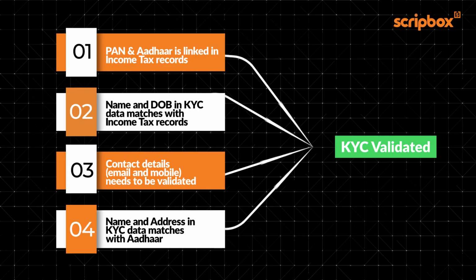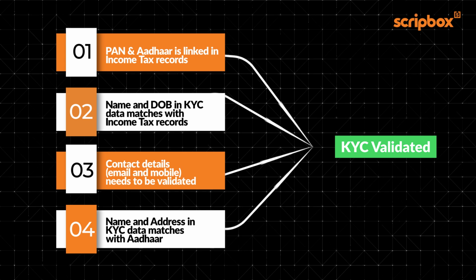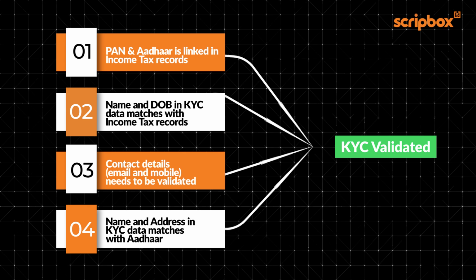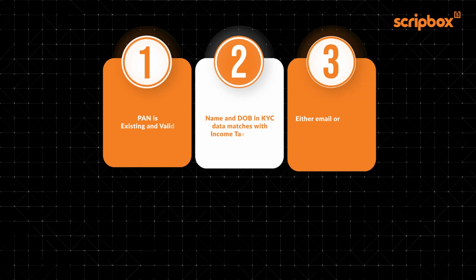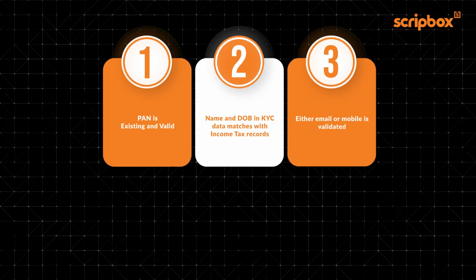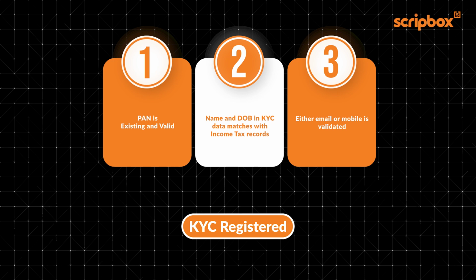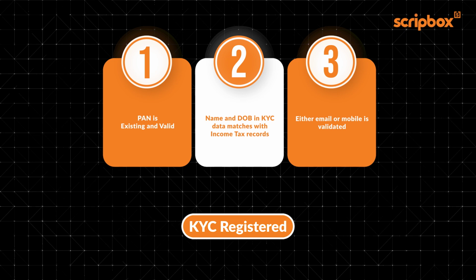If they are not able to complete each and every point, then the KYC status will not become validated. Now, again, there are a few things which, if they complete, if the validation of contact details is completed and the PAN is valid and operative, the customer's KYC status could be registered.